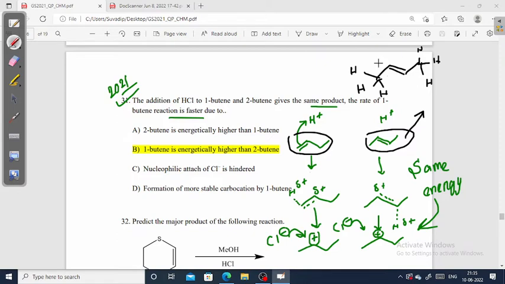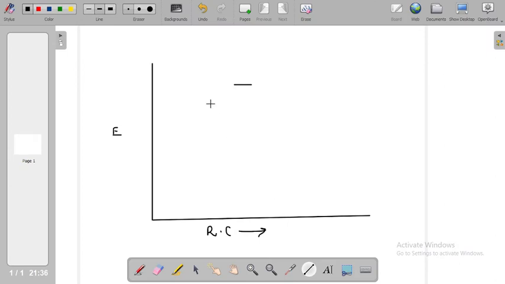Due to hyperconjugation this will be thermodynamically more stable, but this molecule has only 2 hyperconjugative hydrogens, and that one has 6 hyperconjugative hydrogens. This is why 2-butene is more stable. So in our energy profile diagram, 2-butene will be placed at low energy and 1-butene at higher energy.